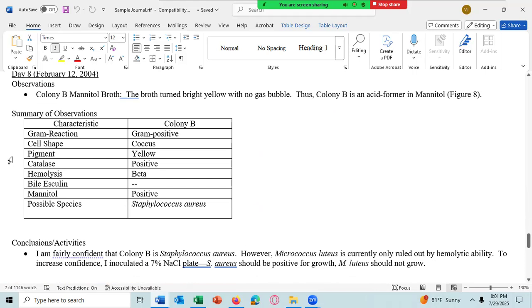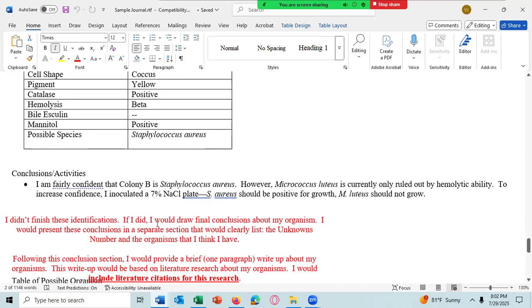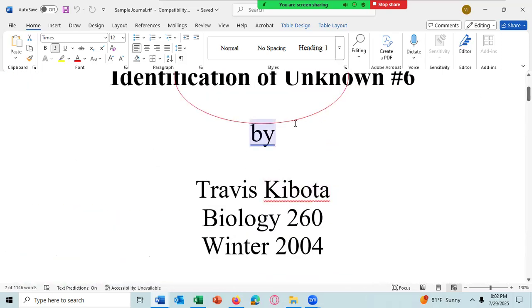Observation. He's not running any tests on this day, apparently. And conclusions, activities. Oh, he does have an activity. Oh, he didn't finish it, so he didn't really do it. But colony B was identified as Staphylococcus aureus. Any questions about that? So you can use this to help you write your lab report.